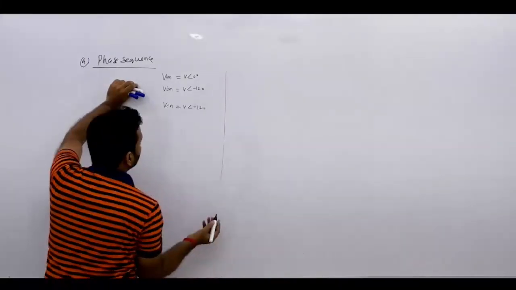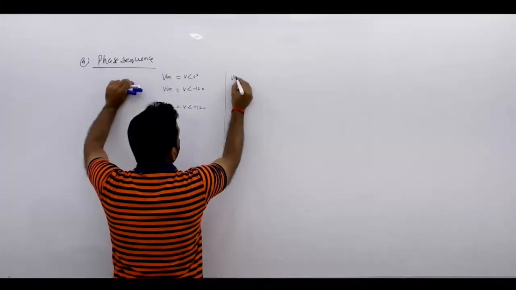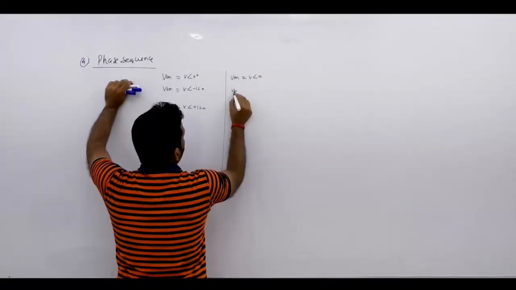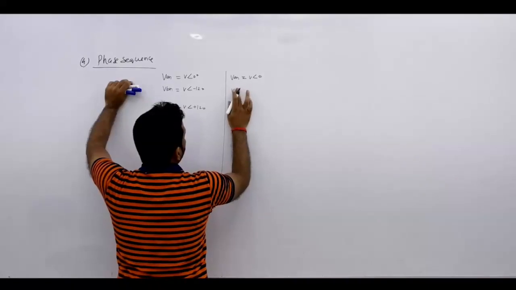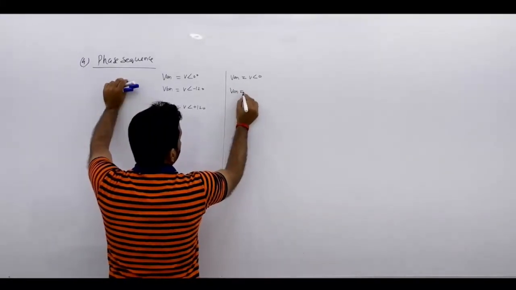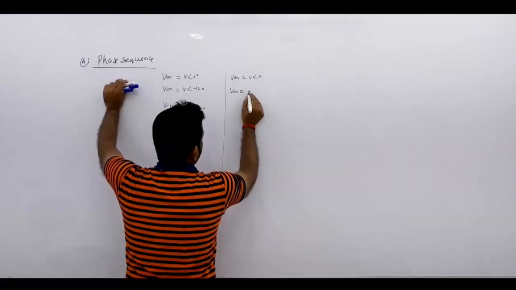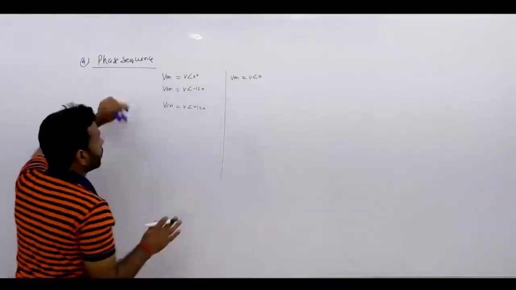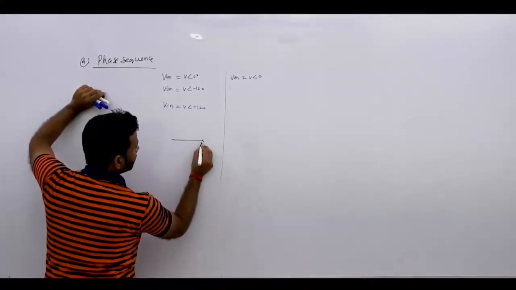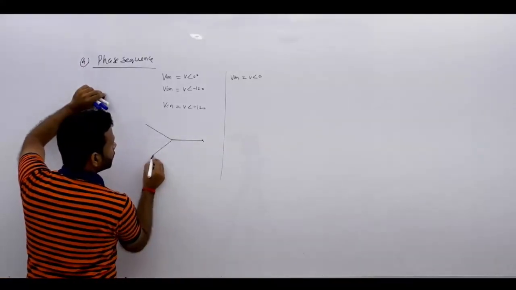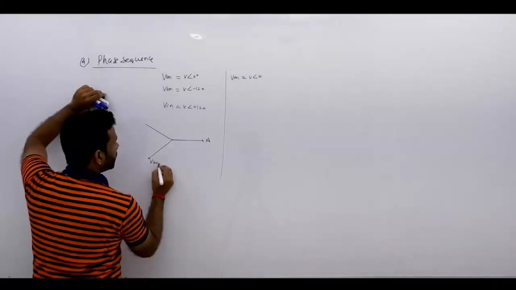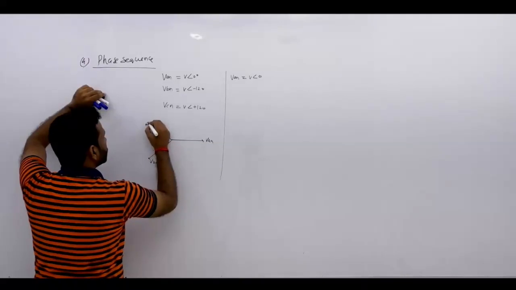Similarly, I'm taking the next part of this. VAN is equal to V angle 0 degree. First we will draw the diagram for this. So here this is VA, this is VB, and this is your VCN.